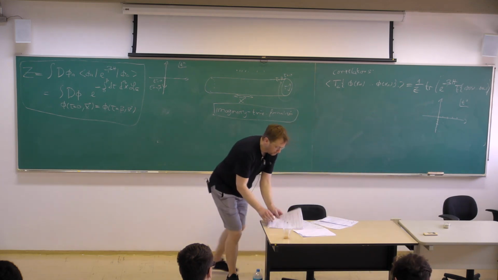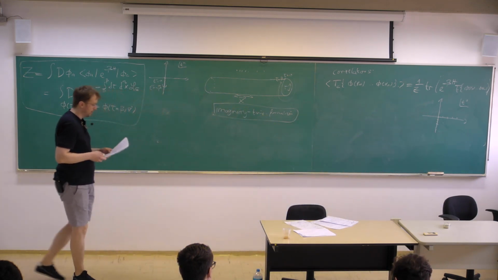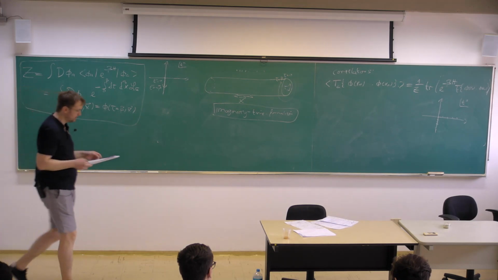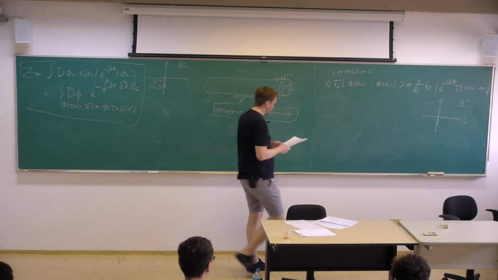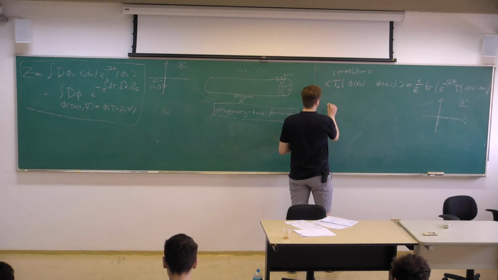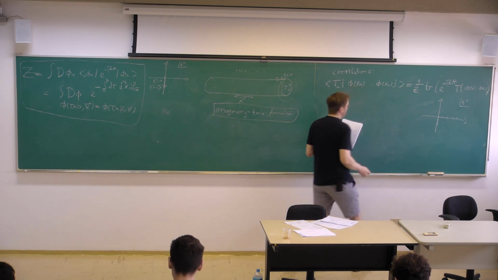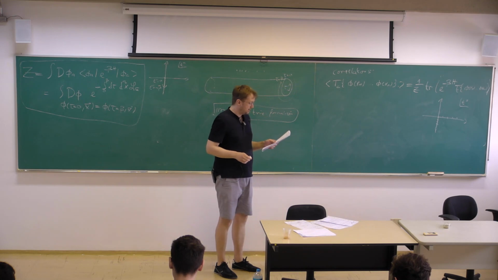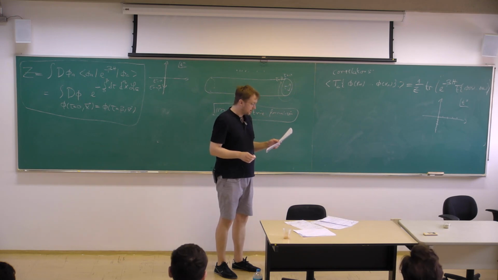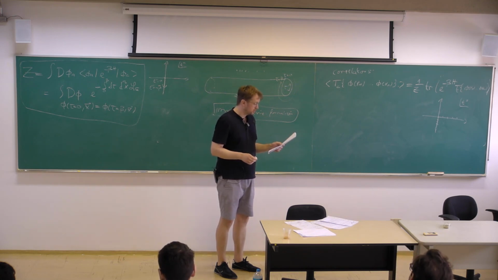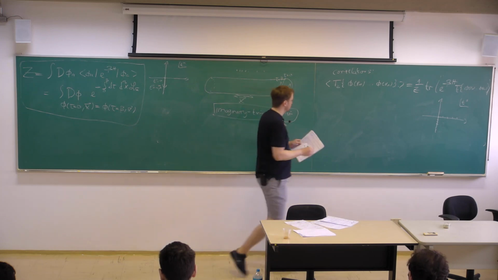Okay, so I can introduce these correlators, and now I can find in the very same way a path integral representation of these correlation functions. And again, like in zero temperature quantum field theory, I can define a generating functional.